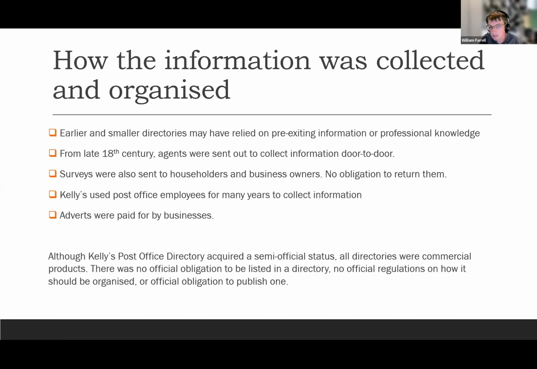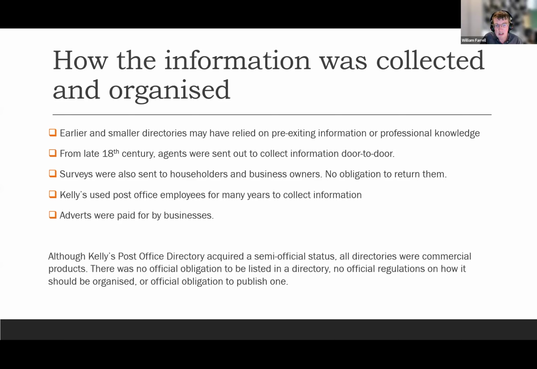Adverts were paid for by businesses, which is obvious, but it's worth pointing out. Kellys was making quite a lot of money from the advertising sections by the late 19th century. People paid quite a lot of money, particularly for full-page ads. There is some evidence, though, and this is something you have to watch out for when you're using the listings, that Kellys particularly took money for people to be listed first in the listings under specific trades.